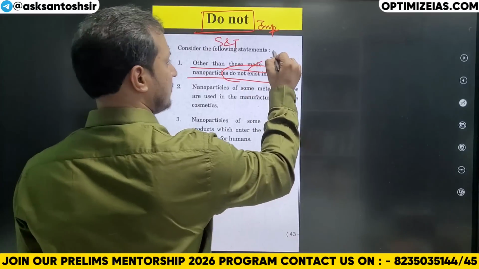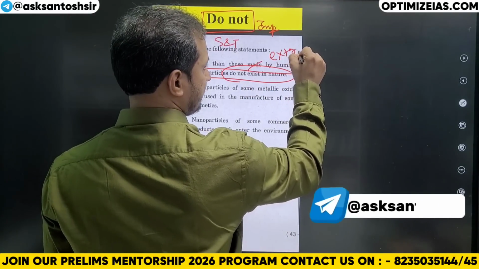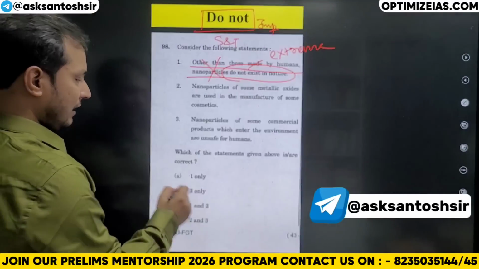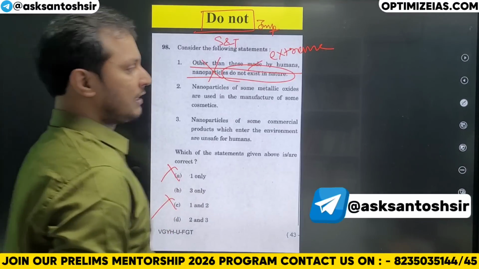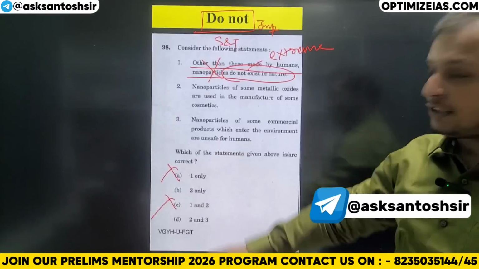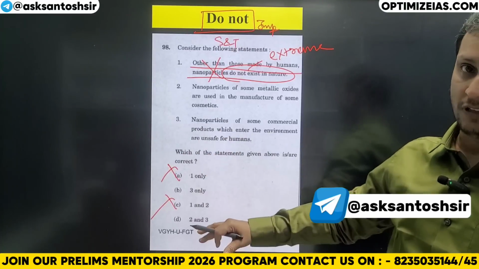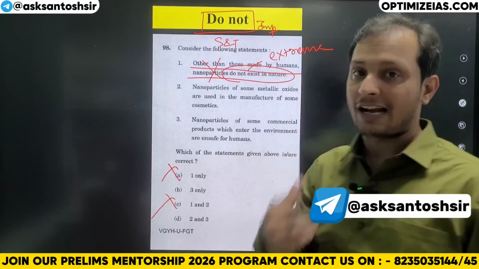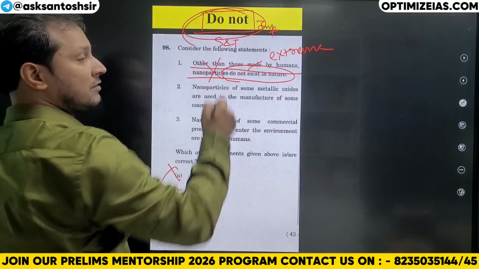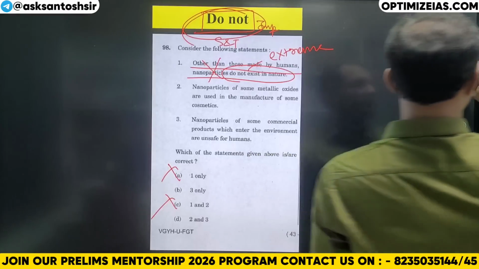Very, very extreme word. Eliminate that. Again, you can see I am able to reduce my options now. I am able to increase my accuracy. So whenever you come across "do not", take the elimination route.